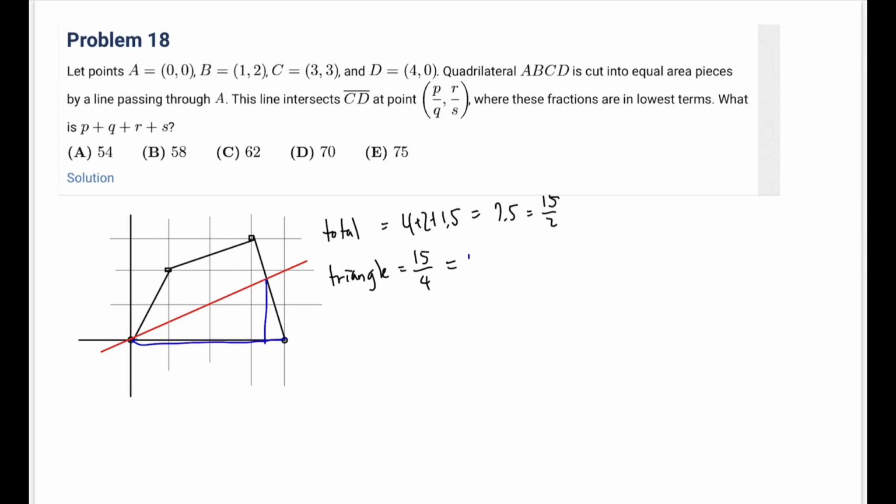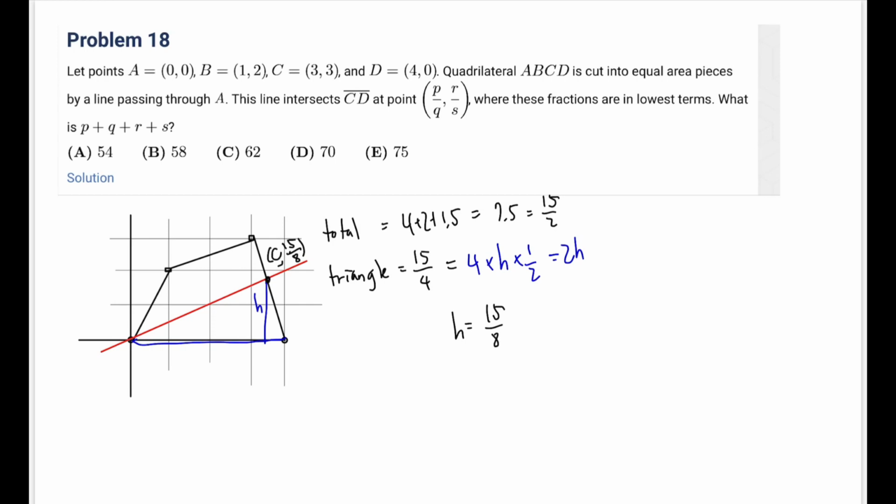Would be 4 times, let's say that this is h, times 1 over 2, and so this is 2h, right? h equals 15 over 8, and so h is 15 over 8, and so this would be 15 over 8.